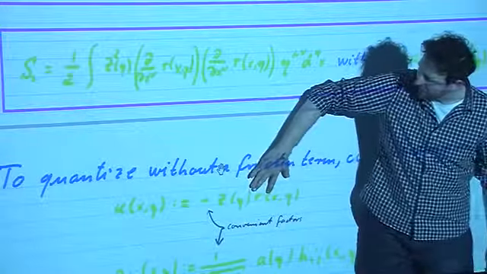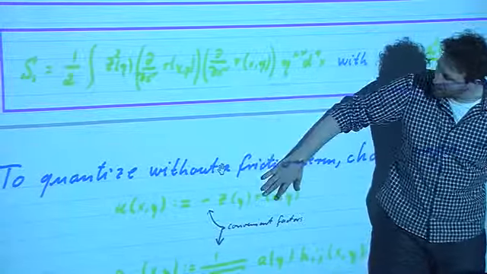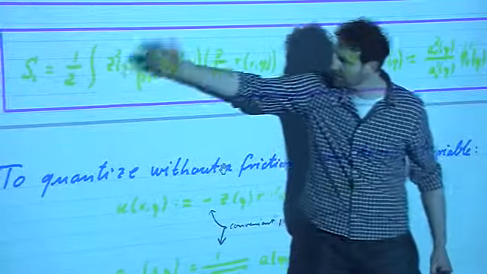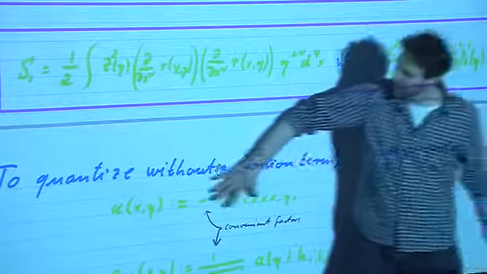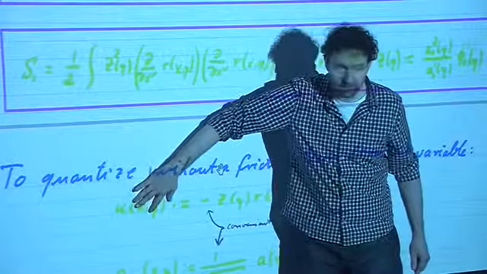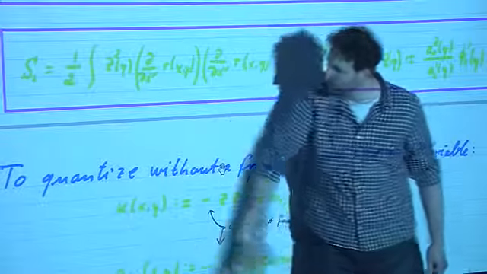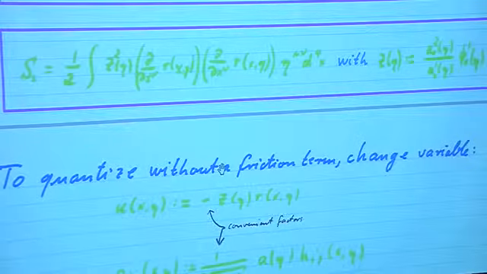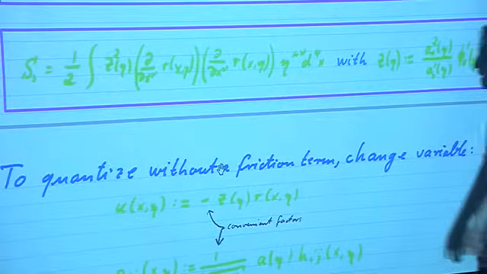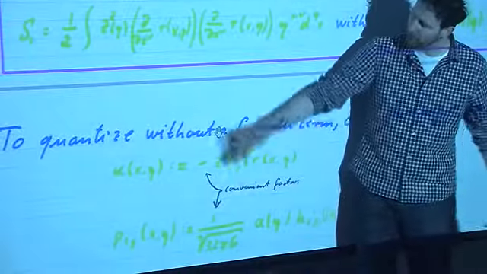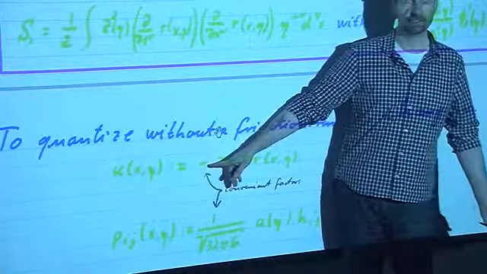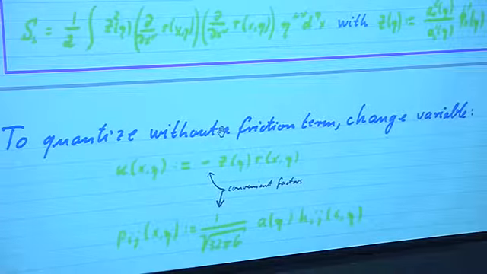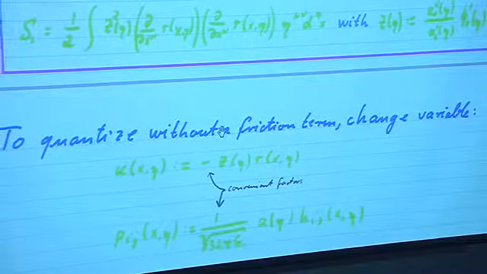But if instead of using the variable r, we use the variable z times r, where z plays the same role as the scale factor would have, then the new variable u of x and eta will have an equation of motion without a friction term. So we can use everything that we've done in this course. The fact that by convention we put a minus sign here doesn't change the fact that the friction term will go away. After all, it's a linear differential equation that we get. The minus sign will drop out.